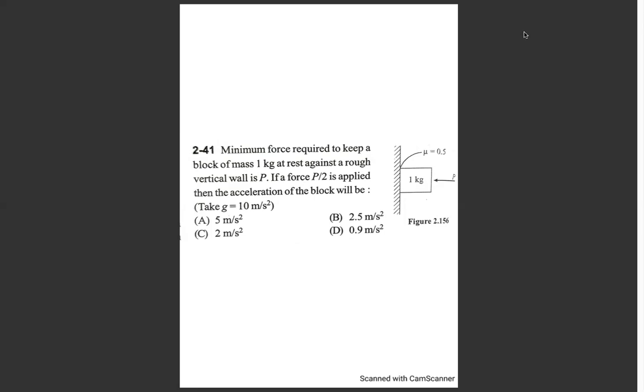So if you show all the forces acting on the block, this one is the pushing force, and because of that we will have a normal reaction along this direction. The block has a tendency to move down, with downward being 1g or the weight. But here the friction is the force which is going to hold the block. So we can write the frictional force is equal to mu into normal reaction, that is the maximum value of friction here.